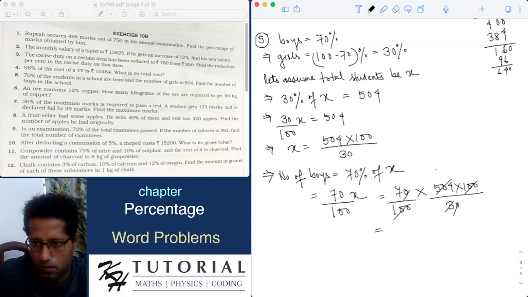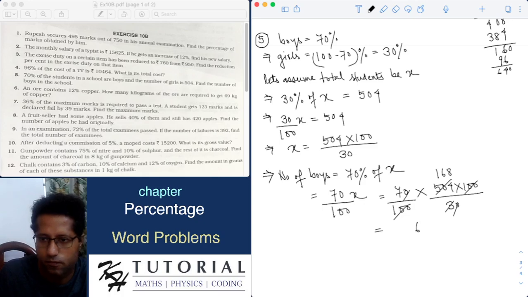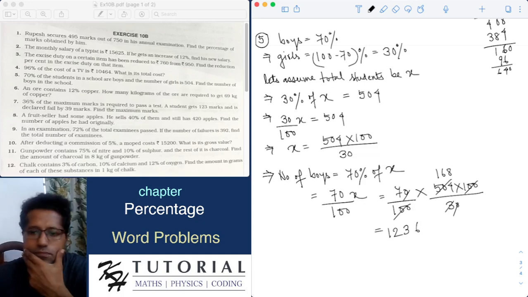Let's see, 168. So 168 into 7, which is 1176.